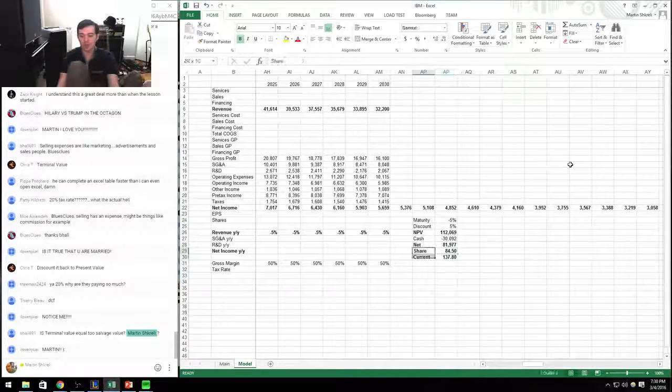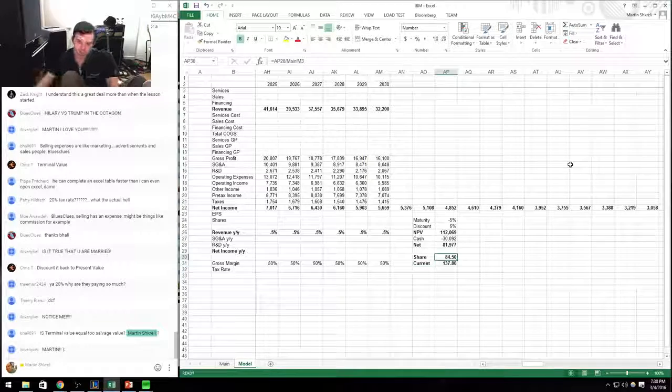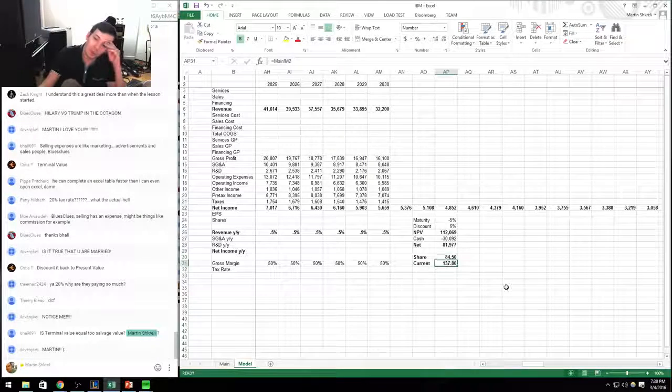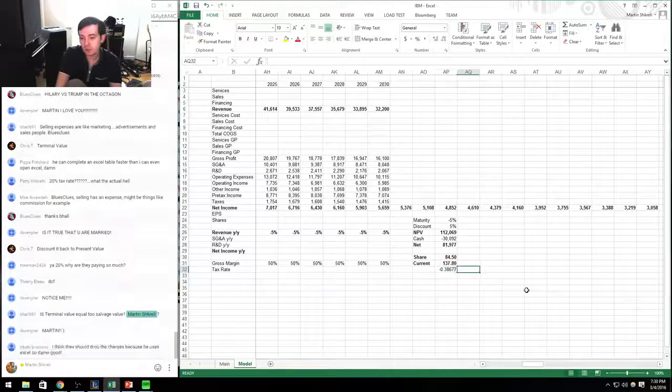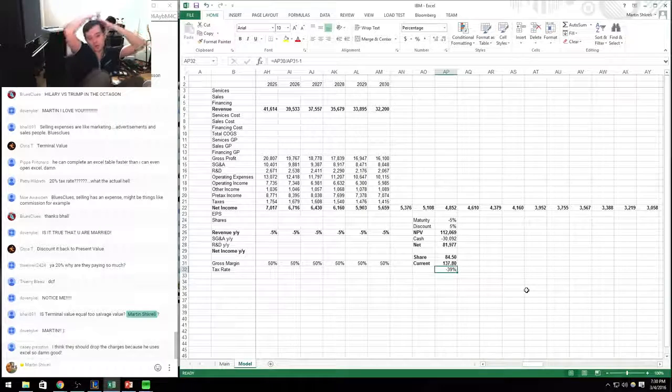So our model is telling us that the shares should be at 84. But right now they're at 137. So that means the stock could be a short. It could be 40% more downside.